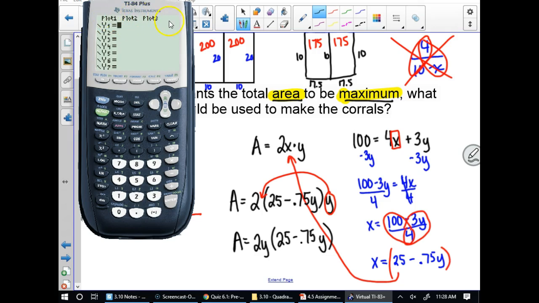If they're dark, that means that plot's on, so you want to turn those off if they're on. Now, it won't let you type in 2y, so I'm going to have to use 2x instead of the y, because it won't graph it if you put a y there. Just remember when you get your answer, it's not the x value, it's the y.